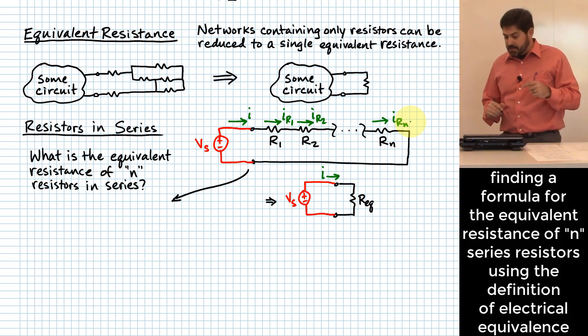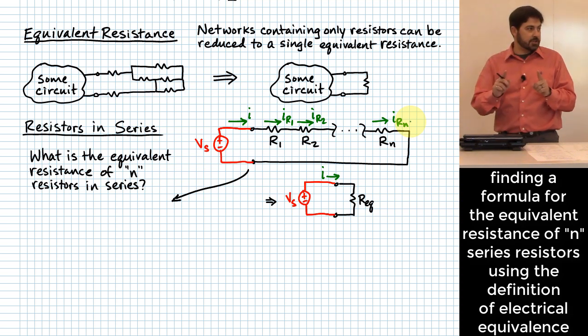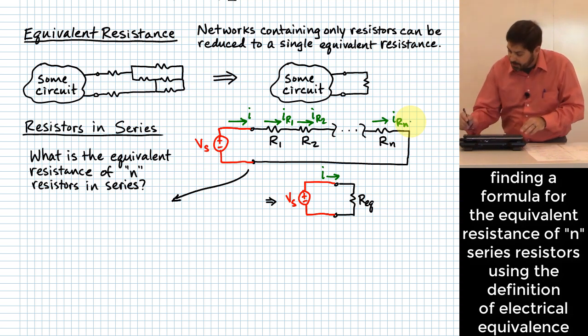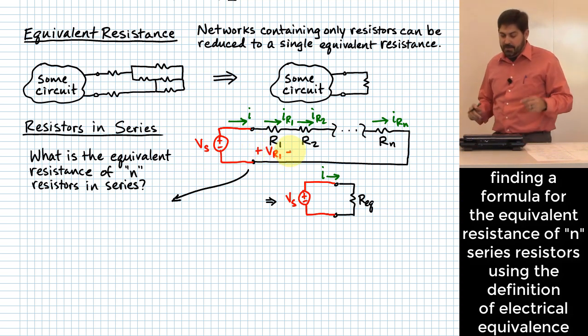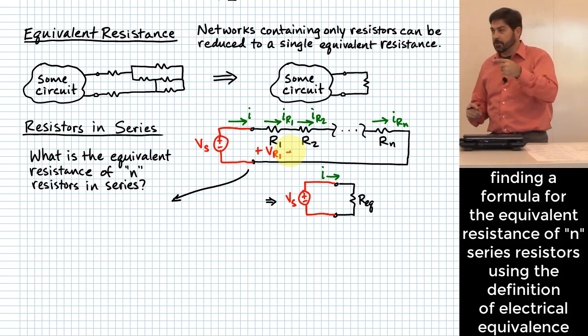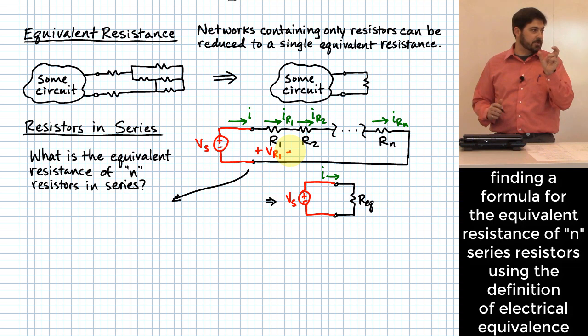Ohm's law tells us that if we have a current that flows through a resistor, that's going to cause a voltage across the two terminals of the resistor. So let me put those on there and name those as well. For R1, I'm going to call that VR1. That's the voltage that, as a result of the current flowing through that resistor, we're going to see across its terminals, right?